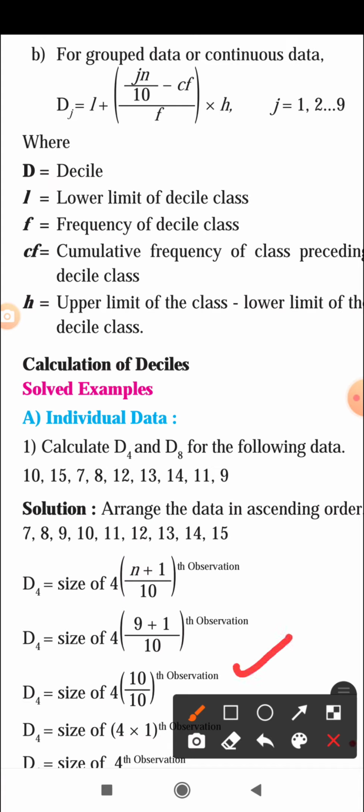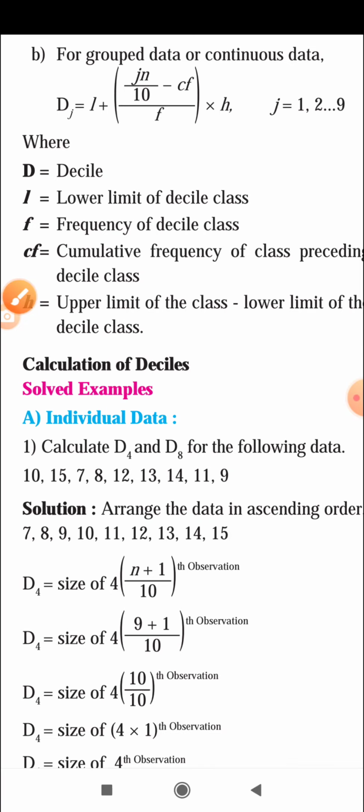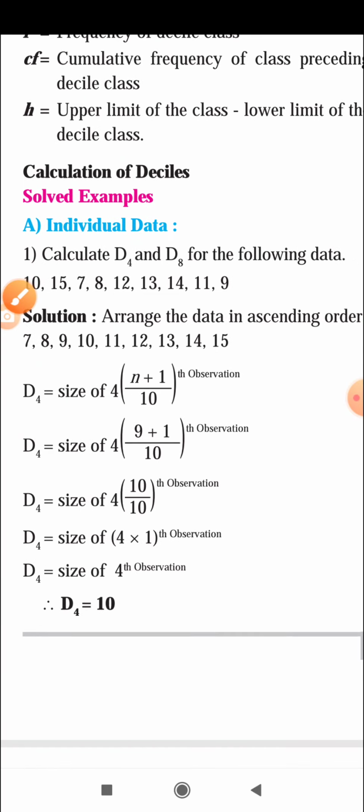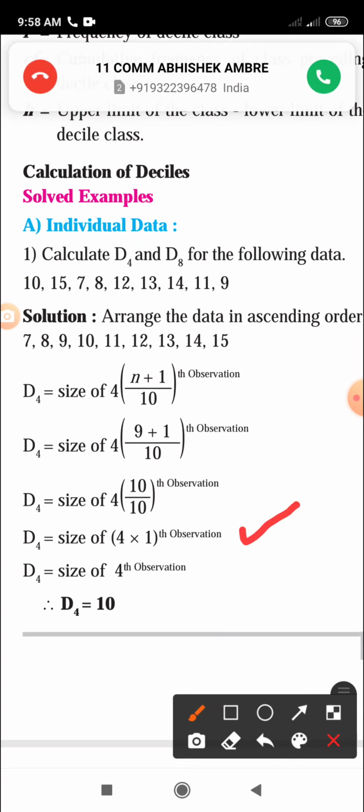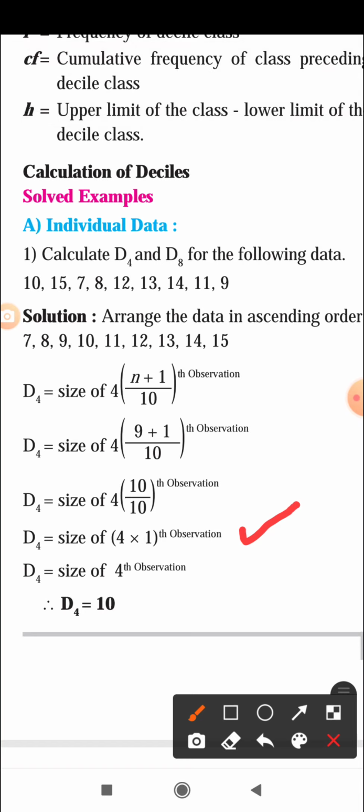The answer is 1. That is 4 into 1, that is size of 4th observation. So D4 is equal to size of 4th observation. So how to find out size of 4th observation?